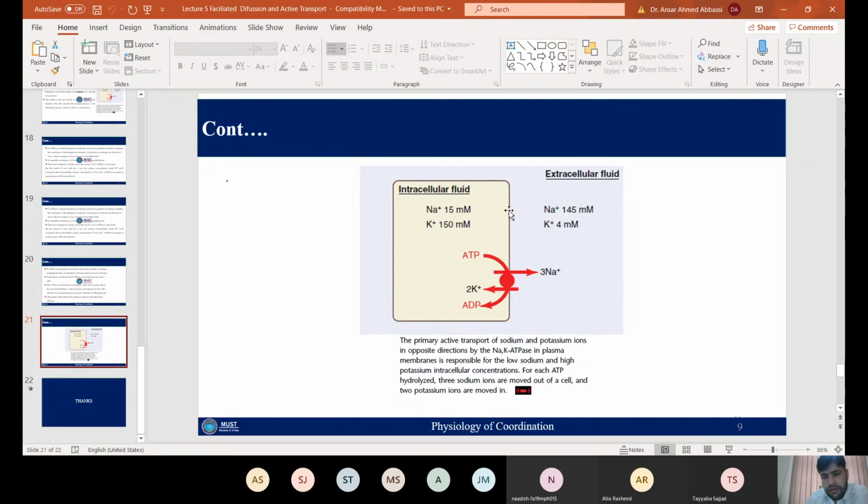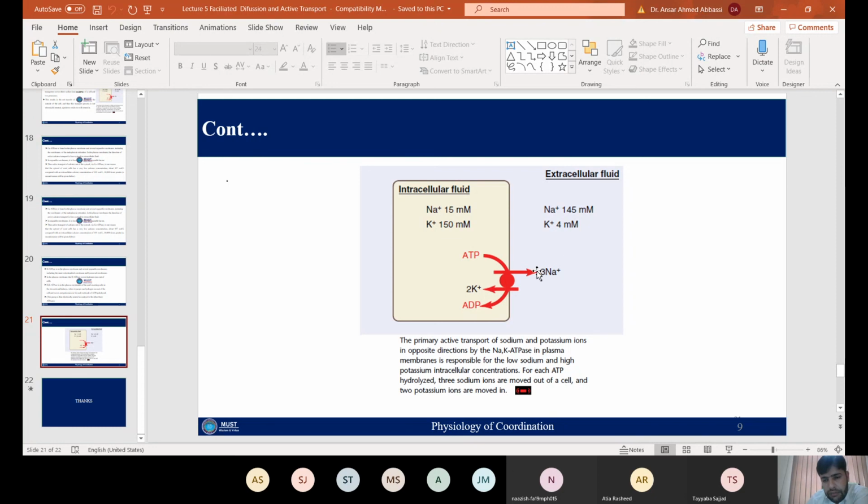This is the lower concentration of sodium and this is the higher concentration of sodium, and when the single ATP molecule is hydrolyzed, it will result in movement of 3 sodium from lower concentration to higher concentration. Similarly, as potassium already has lower concentration on the outer side and higher concentration on the inner side, when a single ATP molecule is hydrolyzed, it will result in movement of 2 potassium from the outer side to the inner side, from lower concentration to higher concentration.